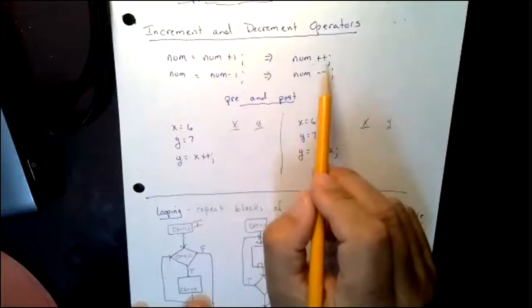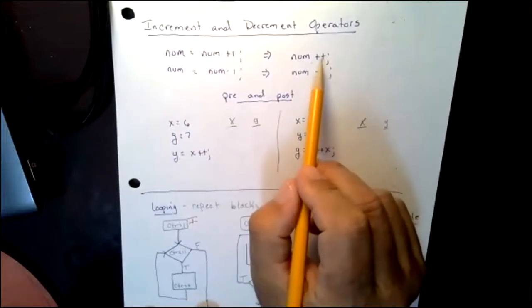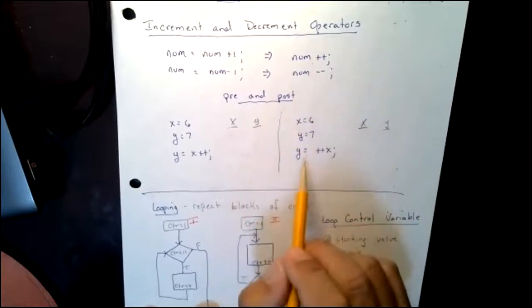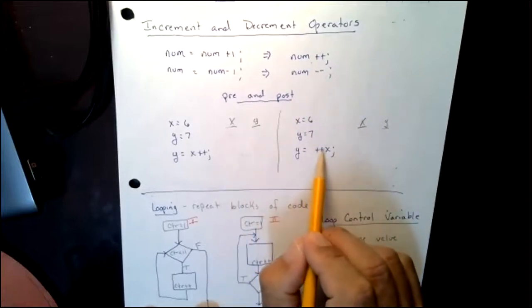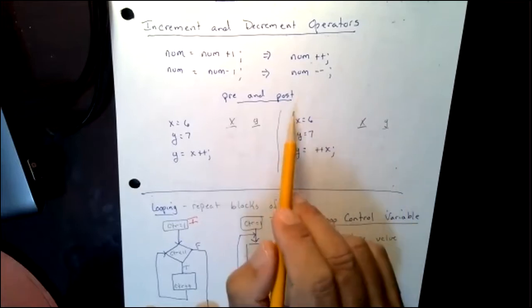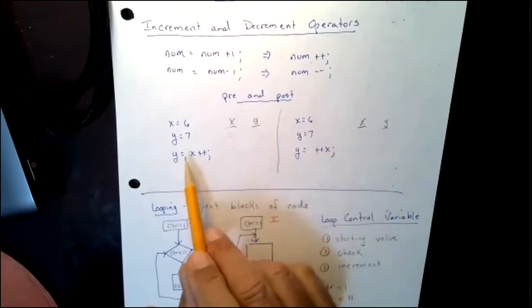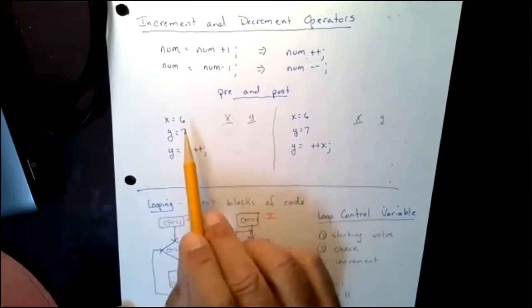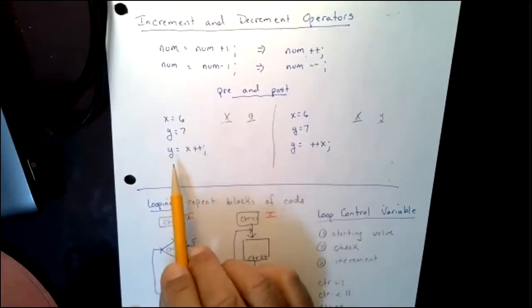The increment operator can be written 2 different ways. It can be written as a pre-increment operator where I put it before the x, or it can be written as a post-increment operator where I put it after the x. So in order to understand the pre and the post a little bit better, I have an example, x equals 6, y equals 7.